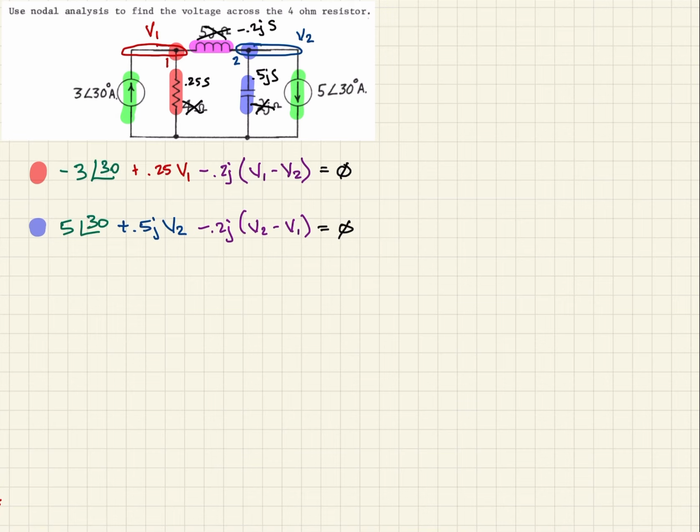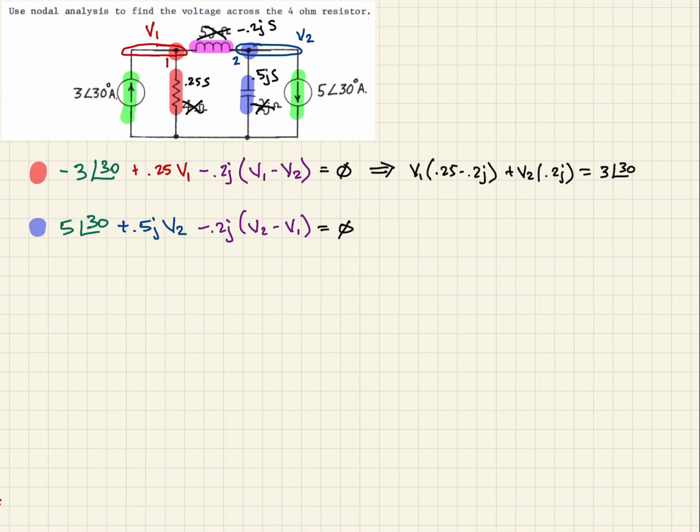Now we notice that we have some terms that we can combine to simplify this. Looking at the first equation, if we rewrite it, it's V1 times (0.25 minus 0.2j), plus V2 times 0.2j, and that's all going to equal 3 at an angle of 30 degrees.